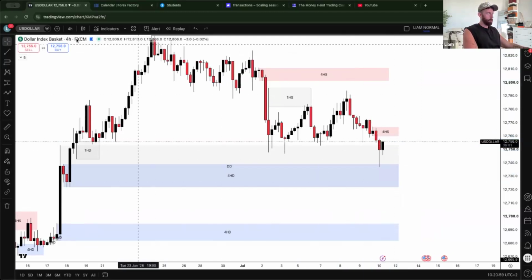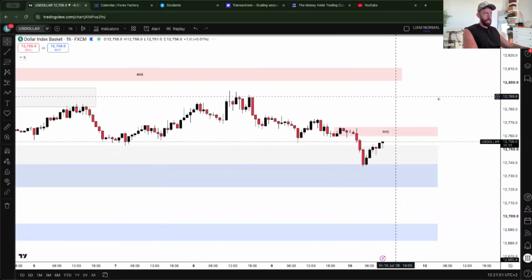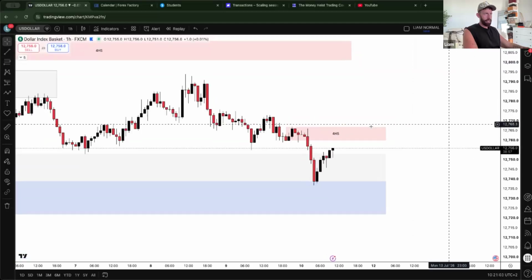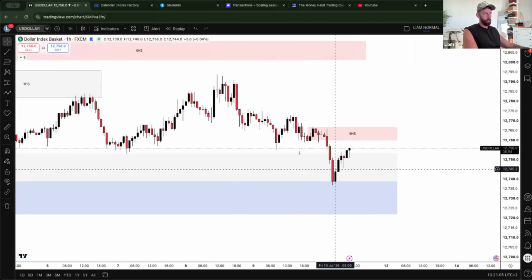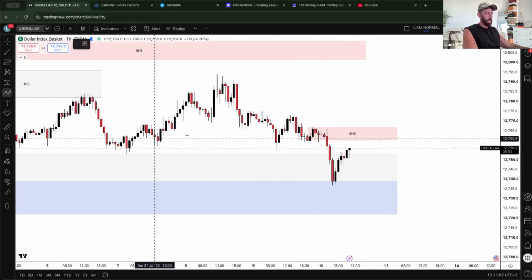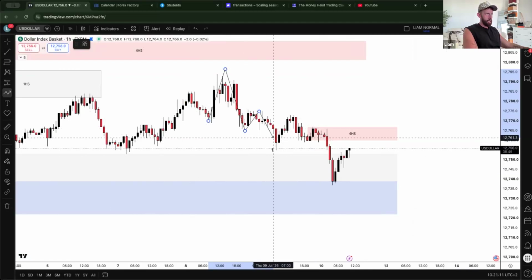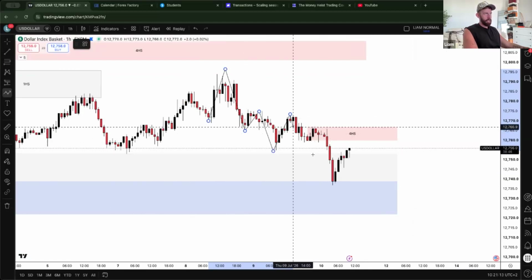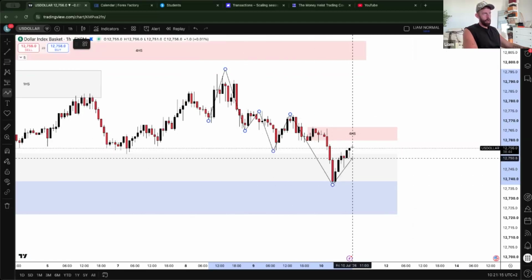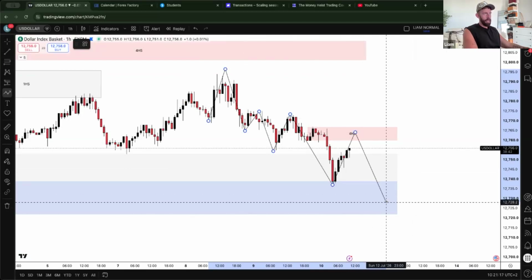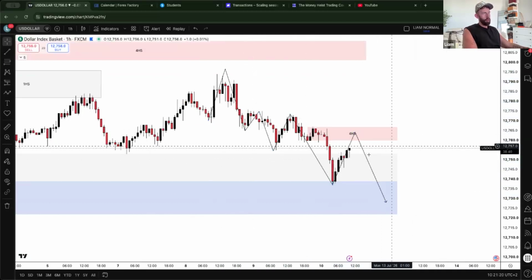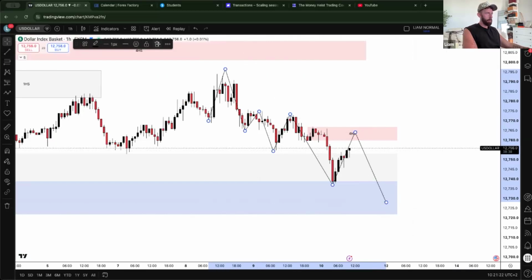Of course, if we jump down to the 1 hour, we can identify that area within this 1 hour structure. You can see that it's been clear. We had this bullishness, market gave us that change of trend, and then we've been creating that downwards trend since. So are we going to get this area to be the next area to create that new lower low? That is definitely what I'm keeping an eye on.